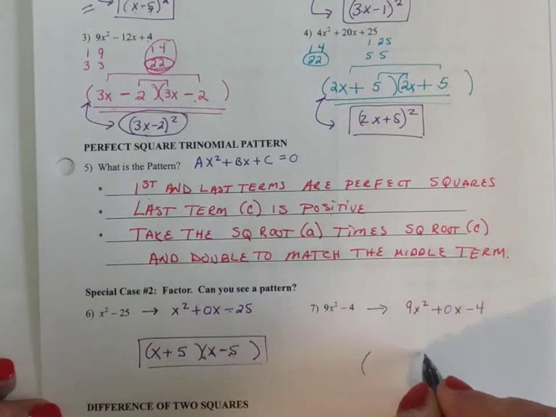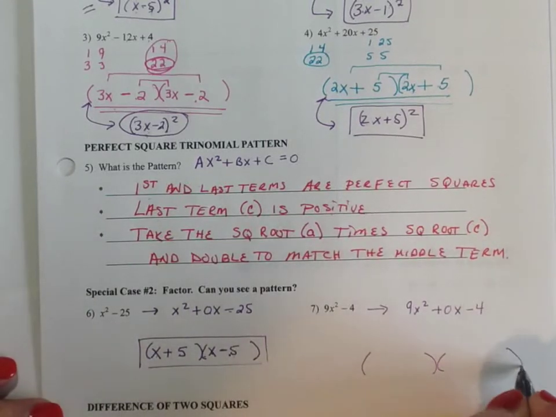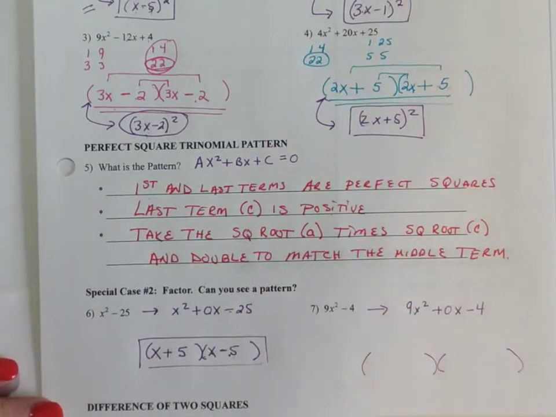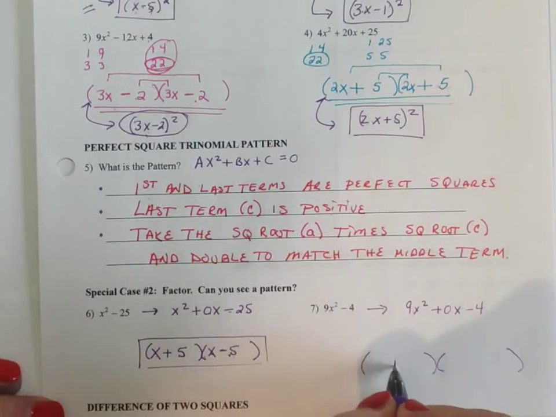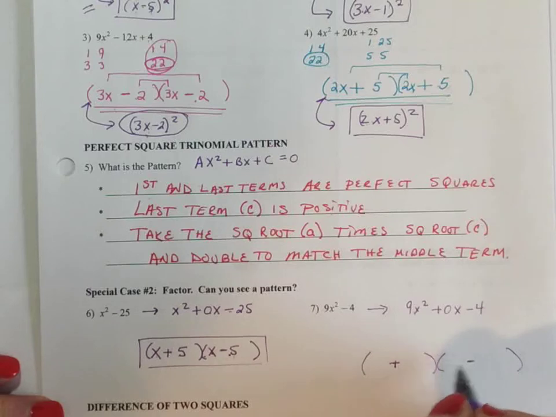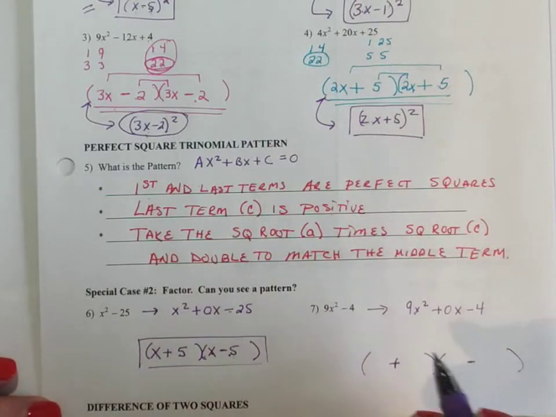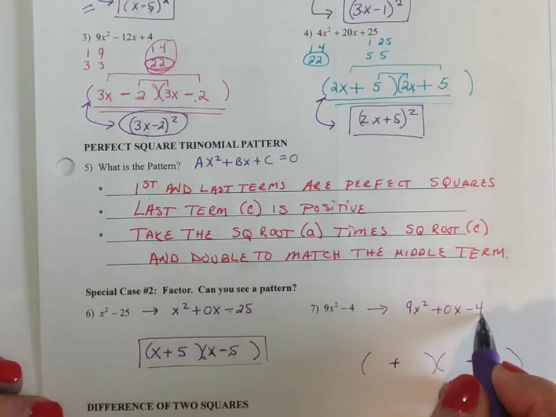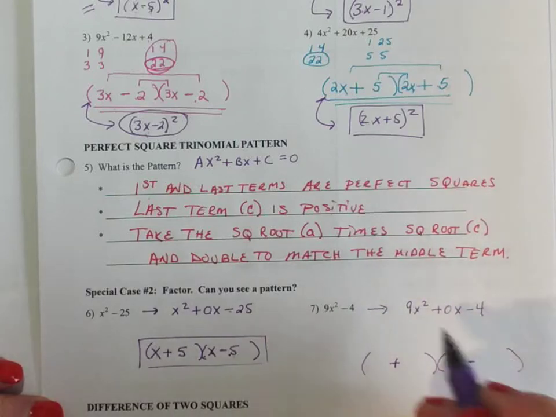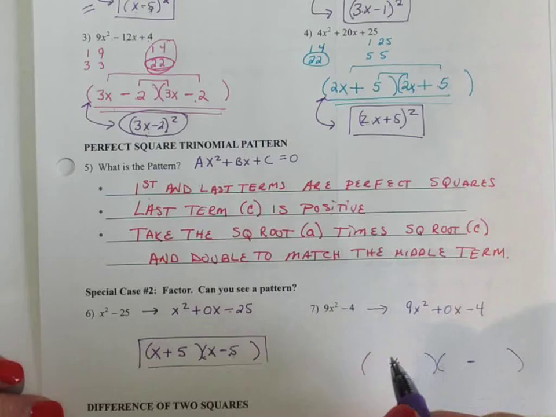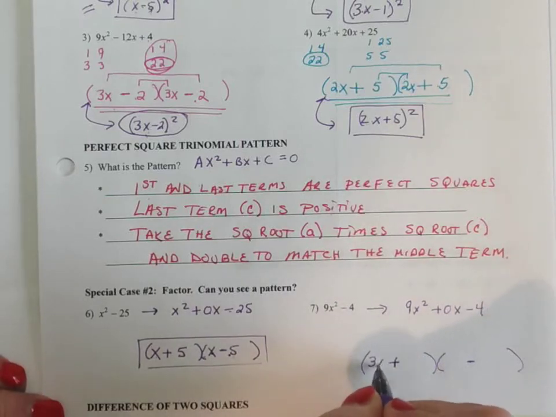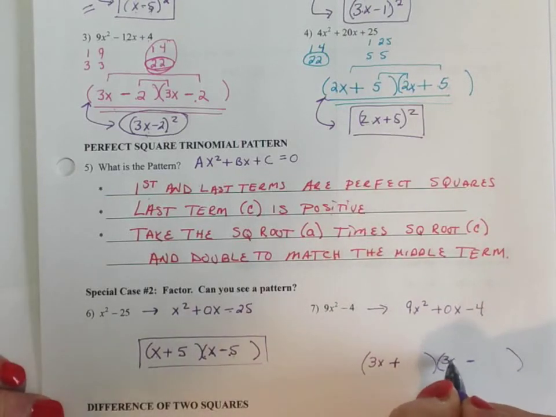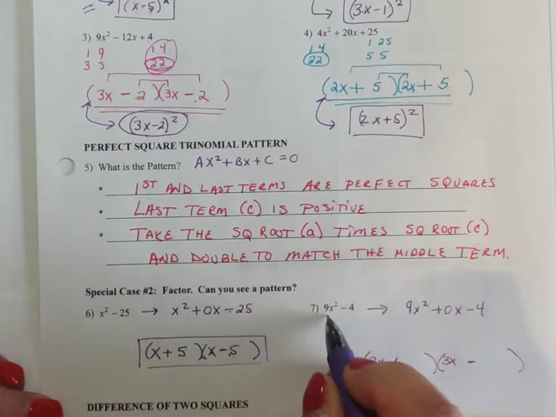So we know that we're going to set up two sets of parentheses. All right. We know that our signs are plus and minus. And we notice that's a perfect square and that's a perfect square. So let's try using the perfect squares. If we have 3x times 3x, well, that gives us 9x squared.